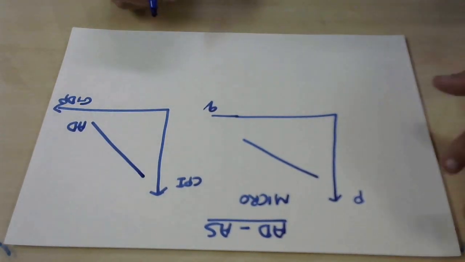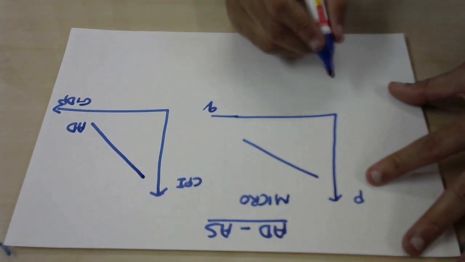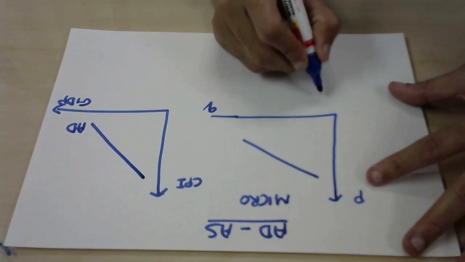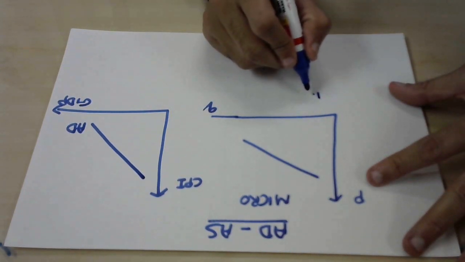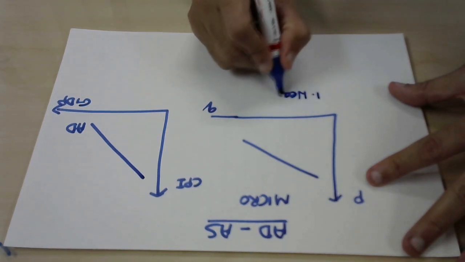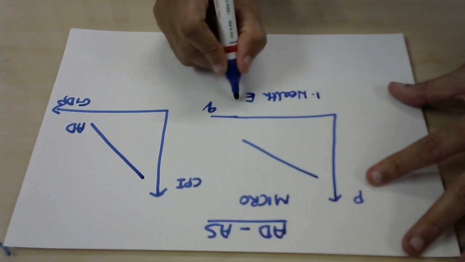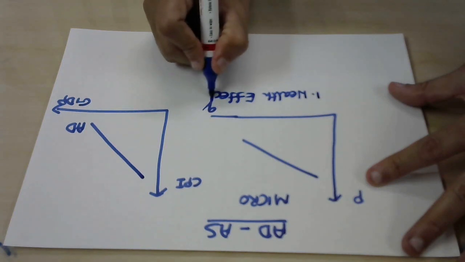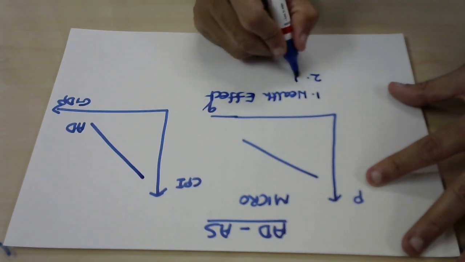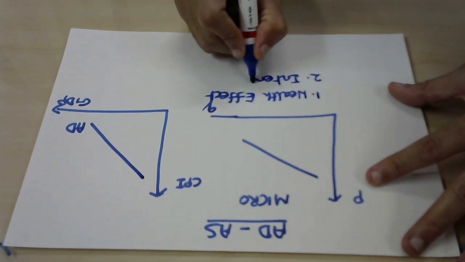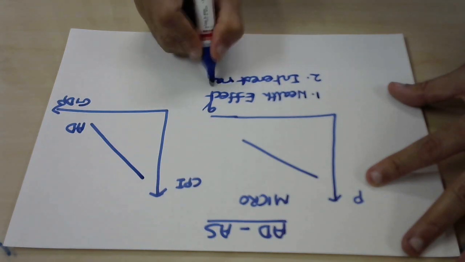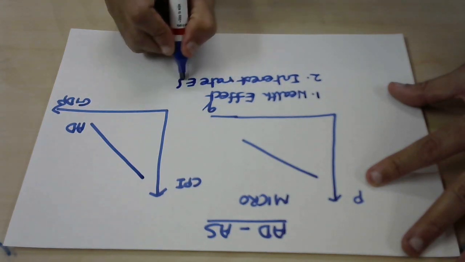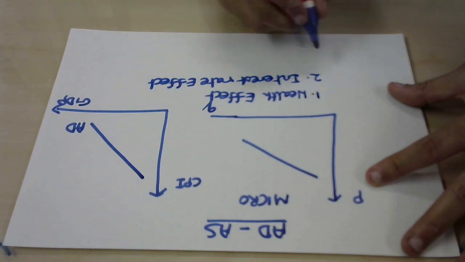Now, the aggregate demand curve is downward sloping because of three effects. One is known as the wealth effect, second is the interest rate effect, and third is the exchange rate effect.